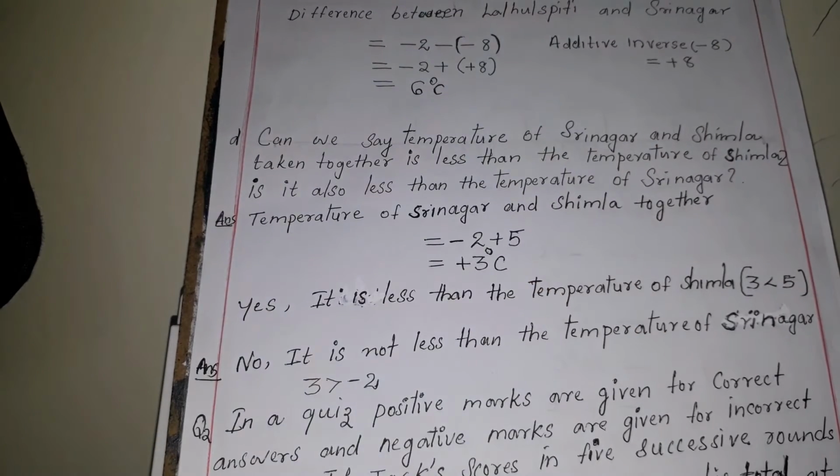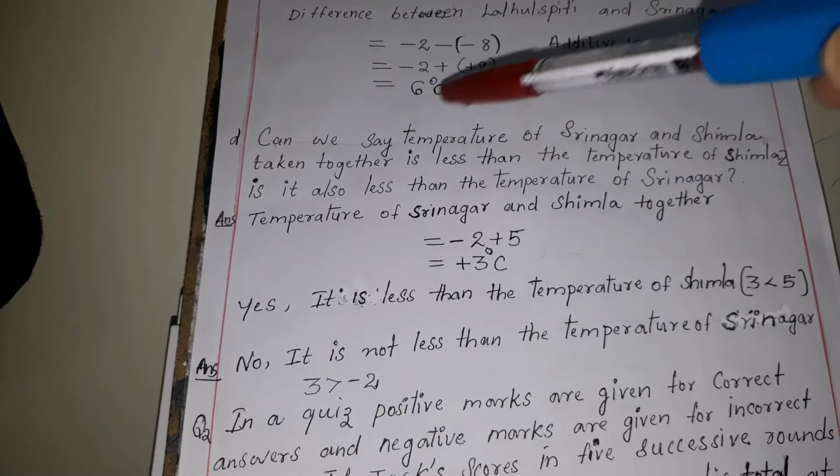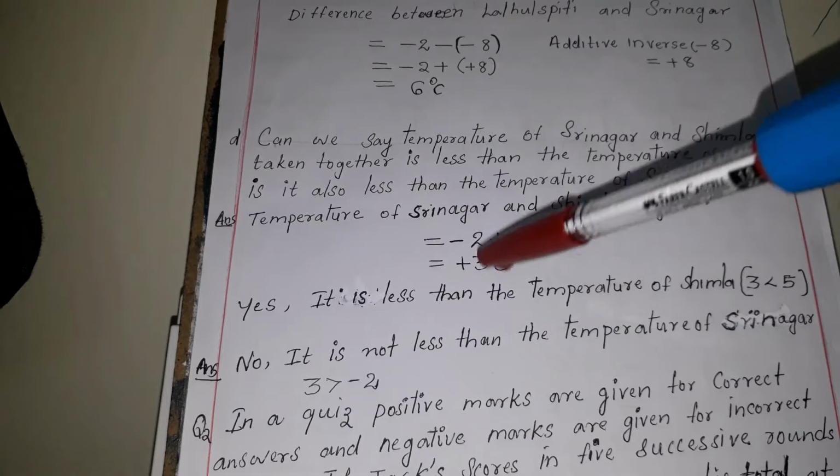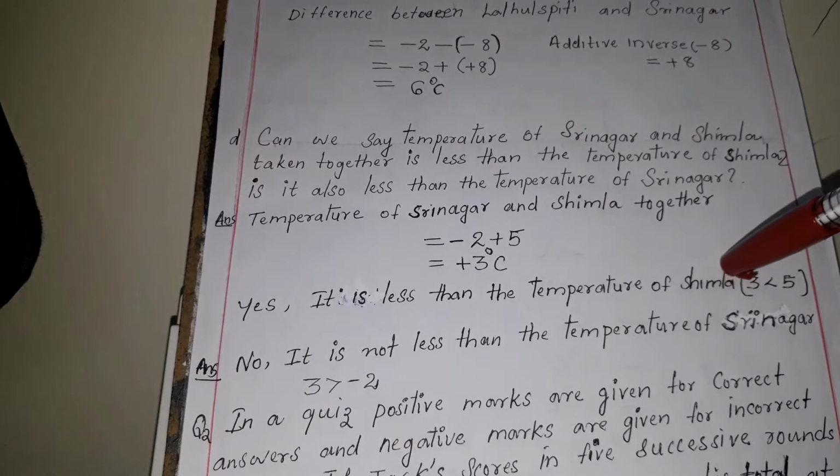Okay, then the question is whether the sum is less than the temperature of Shimla. Okay, yes, the sum is less than the temperature of Shimla, that is 3 is less than 5.